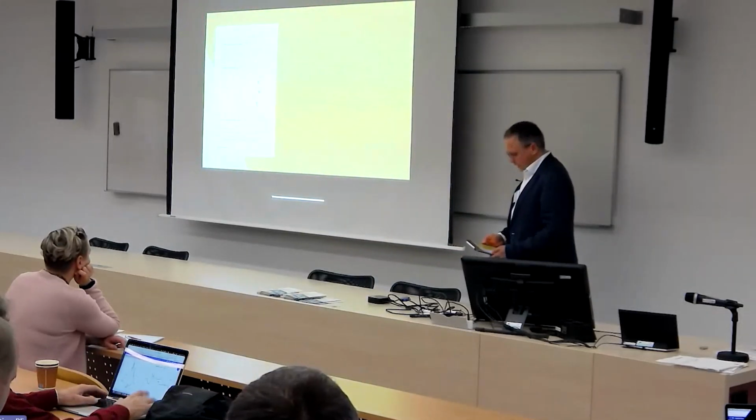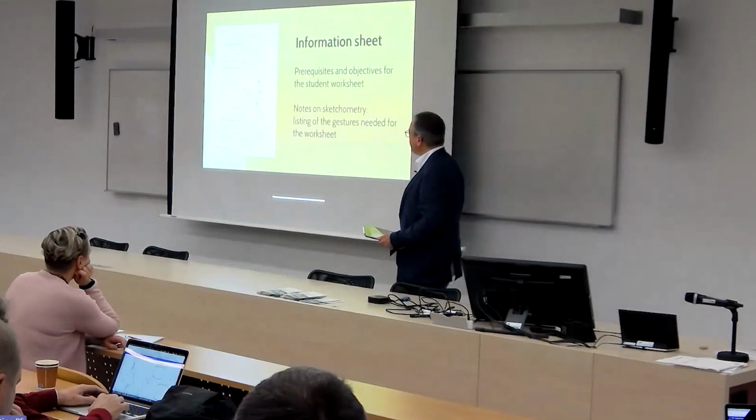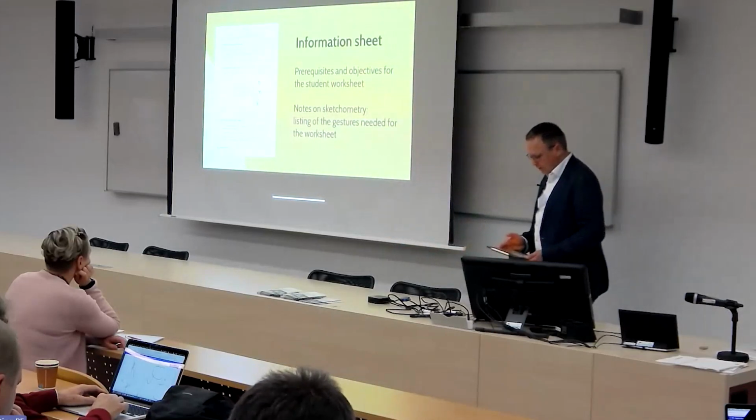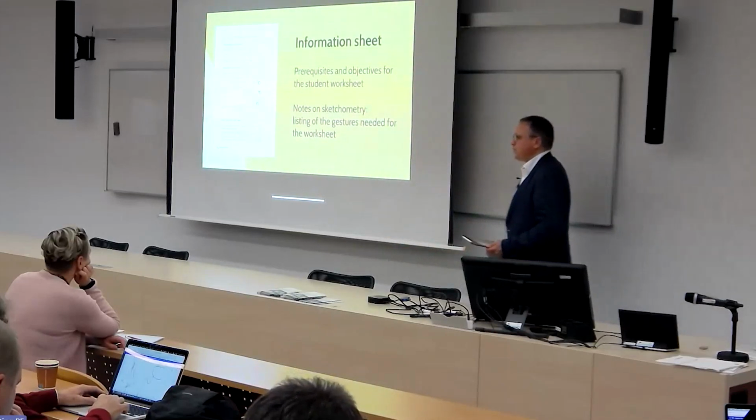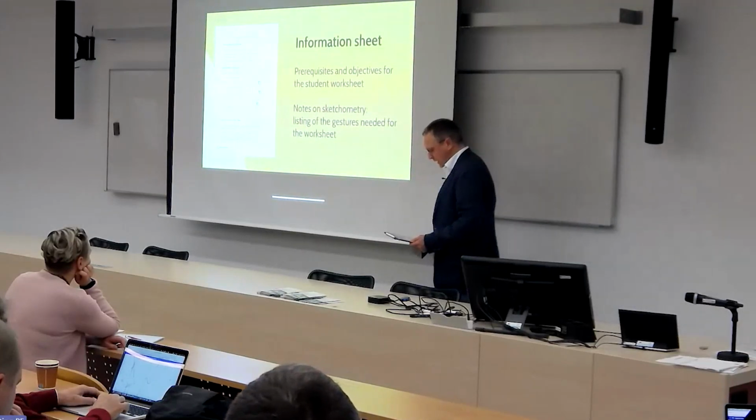And let's now have a closer look at these parts of a learning module. The first part is an information sheet for the teacher. Here we have prerequisites and objectives for the students' worksheets.